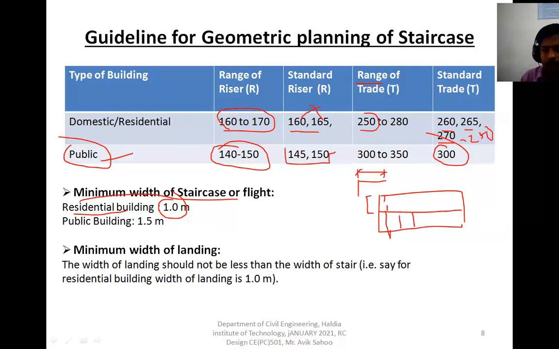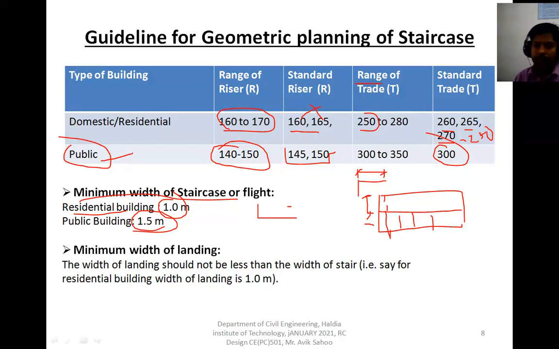The standard minimum width of flight is 1 meter. You may use more, but if the width is more, the space required is also more. And in public building, the width of flight is minimum 1.5 meter standard.